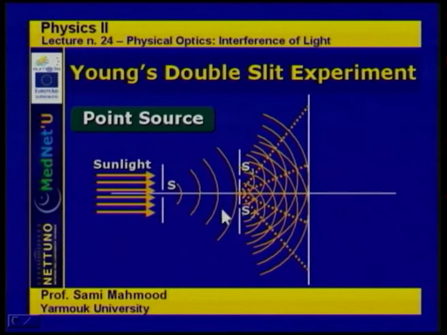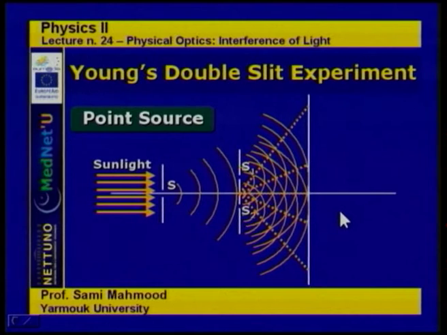And now, when this single wave, which has the same phase, falls on these two slits, S1 and S2, each slit will transmit light as if it is a source of light. So slit number 1 will be radiating light as if it is a point source, which gives spherical waves, and S2, the same thing, will give spherical waves.